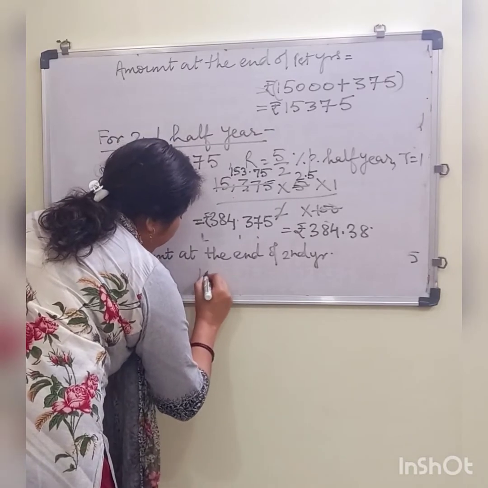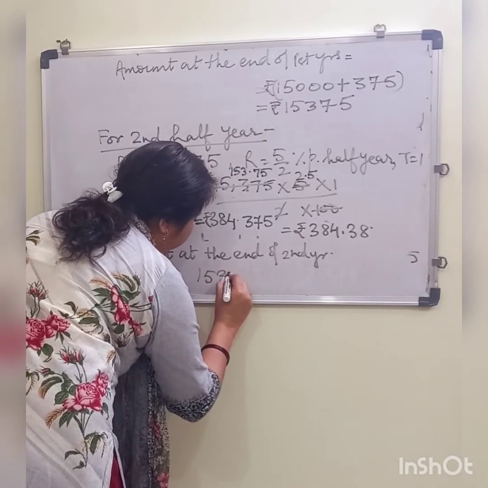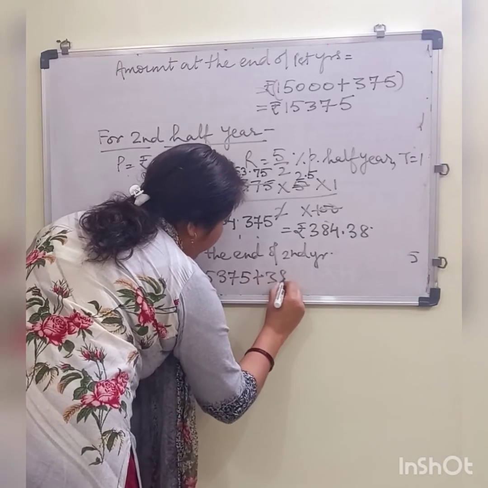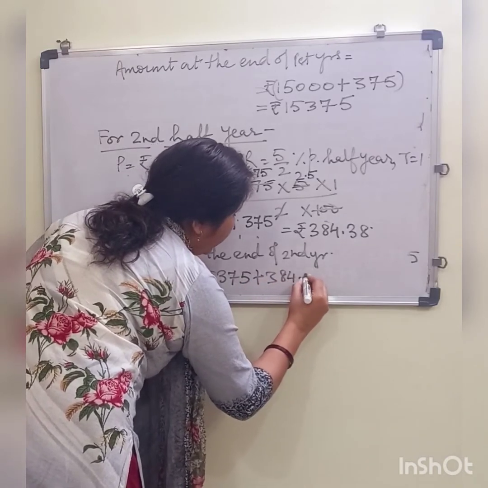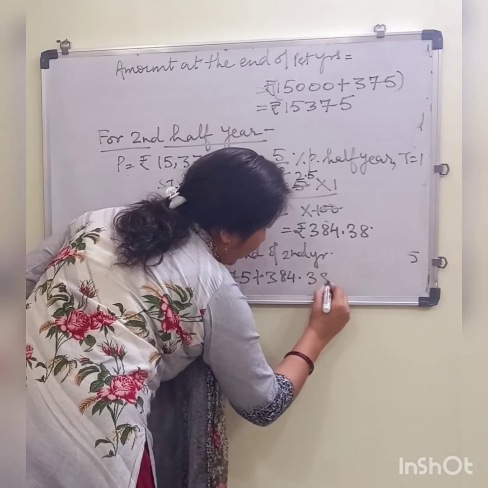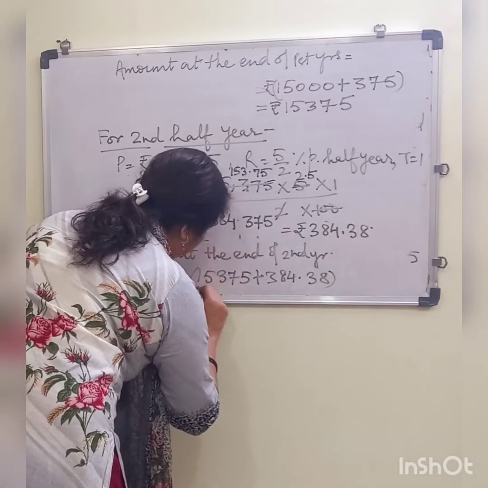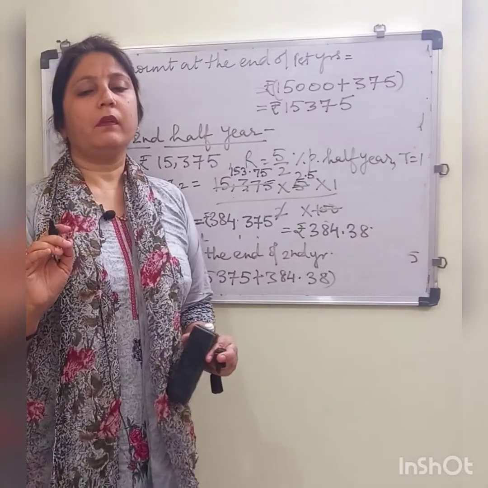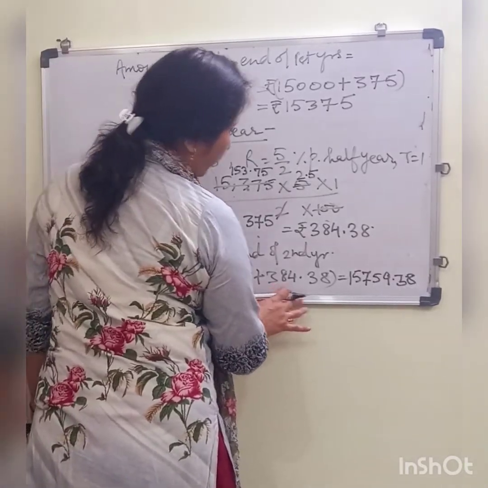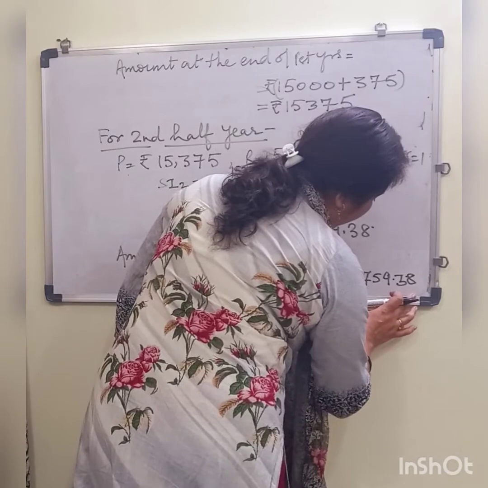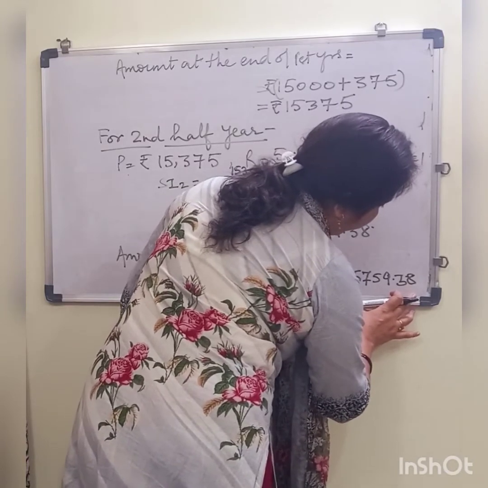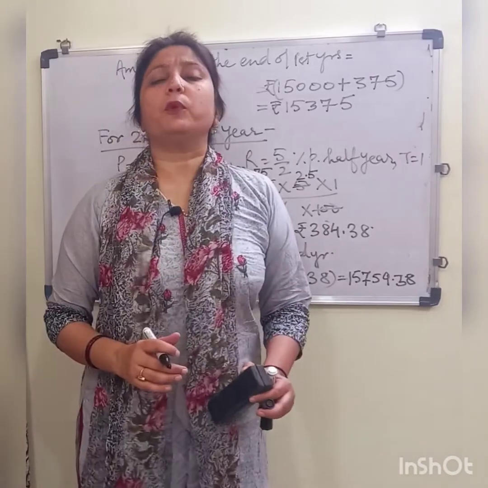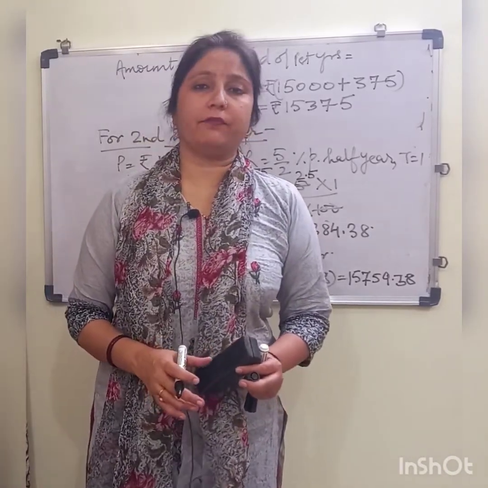That is 15,375 plus 384.38. Fine. We will add these two values. When we add these two values, the answer will be 15,759.38.